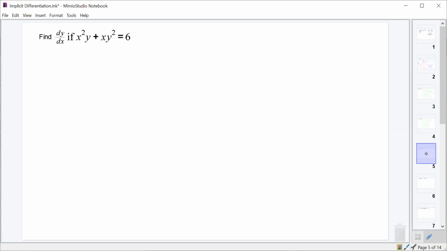No, we can leave it exactly as it is. You never need to rearrange these if you don't want to. So we'll just take the derivative of the left with respect to x and the derivative of the right with respect to x, just like we've been doing with the other ones. Everybody good with that?